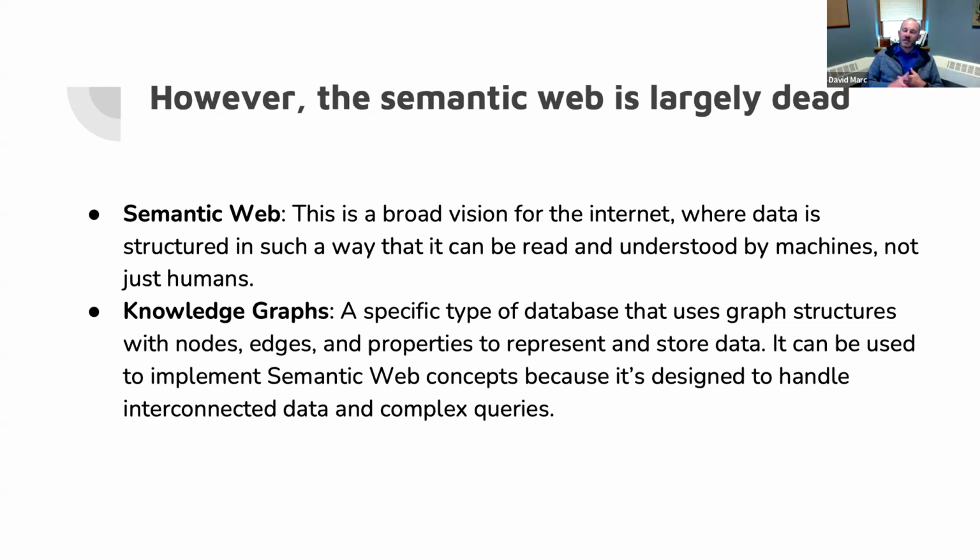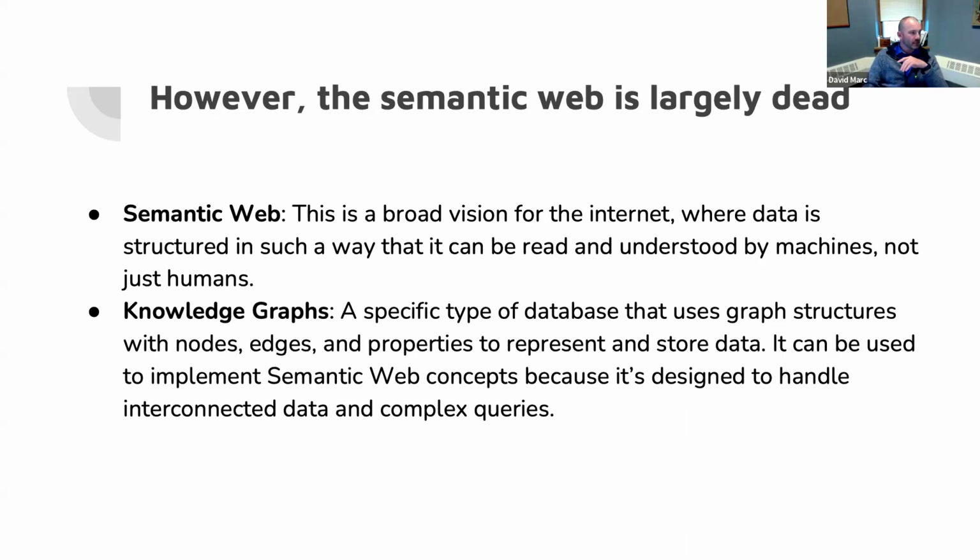It can be used to implement semantic web concepts because it's designed to handle interconnected data in complex queries. Knowledge graphs have become popular in recent years because they provide a practical way to handle complex data and have been more widely adopted for data integration, searches, and analyses. But they're still gaining traction.